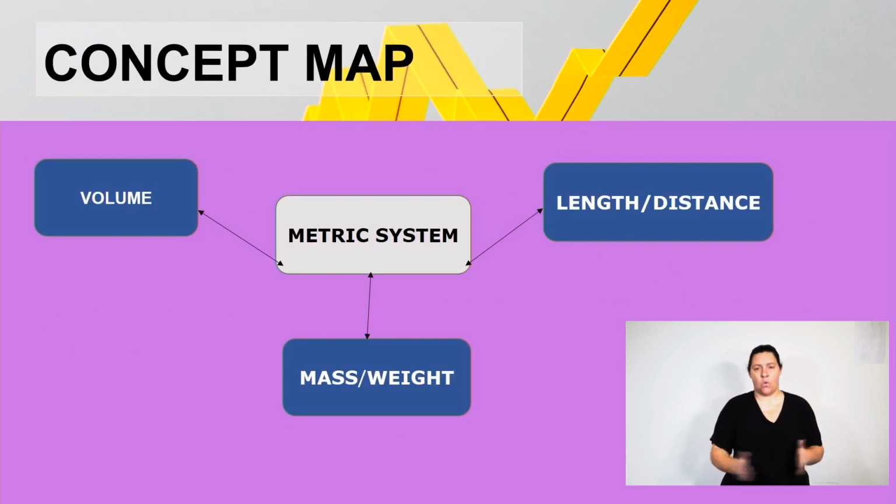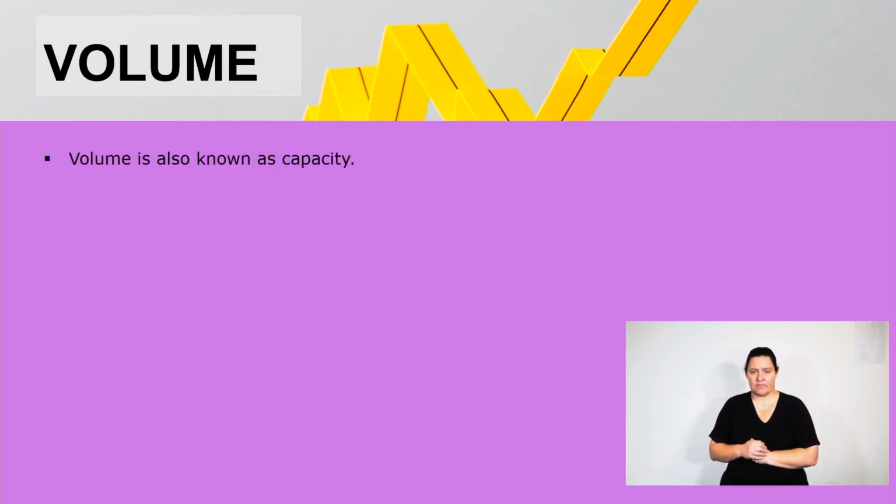Let's move to our last section, which is volume. Volume is known as capacity, and it's very important to remember this one because in the exam, not only are we supposed to do calculations, but we do get questions where you will have to explain some of the concepts that we work with in different topics.